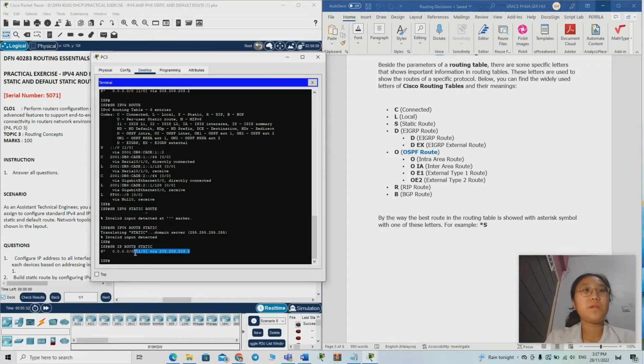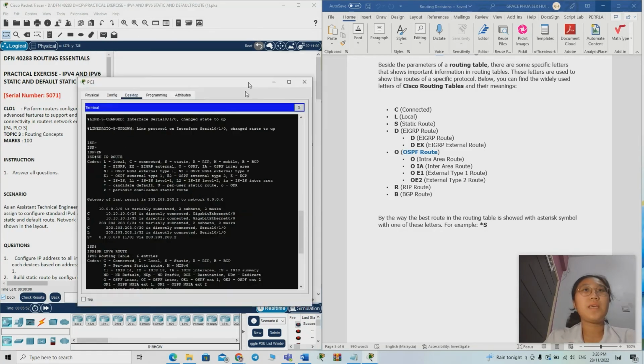The administrative preference is 1 and the metric is 0, and the outgoing interface is 203.203.203.2. That means this will be the best path or route in the routing table for the ISP.